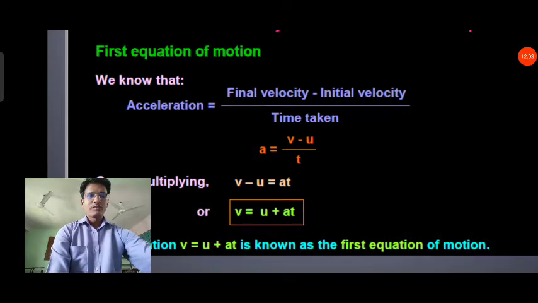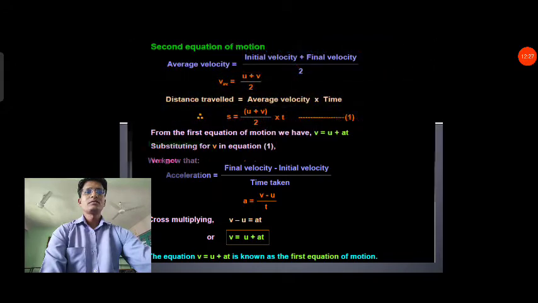So a is equal to v minus u divided by t. Therefore, if you cross multiply, at is equal to v minus u, and therefore you will get the velocity v is equal to u plus at. So the first equation gives the relationship between velocity and time. This is for the first equation.